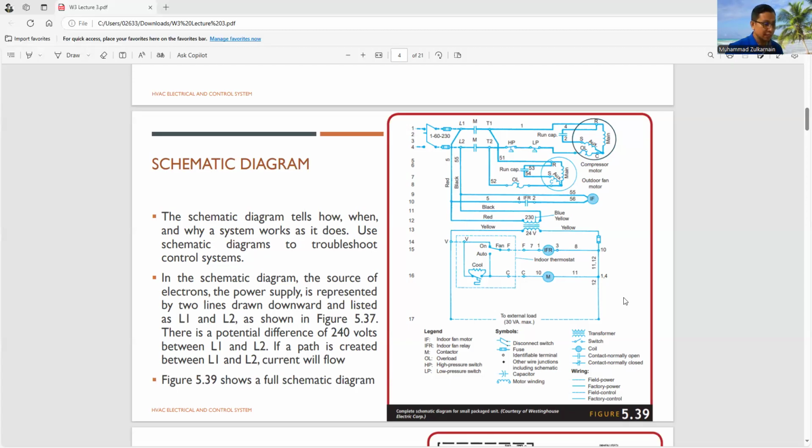As shown in the figure, you can see we have two lines, L1 and L2. Between L1 and L2, we have a potential or voltage number. So you understand the diagram also provides the number of the potential, which means the power of the circuit is covered in the system.